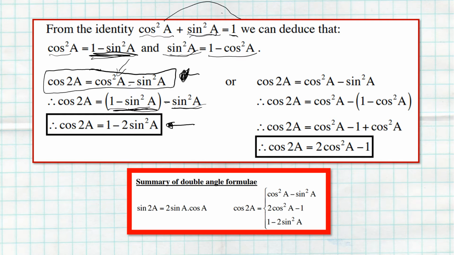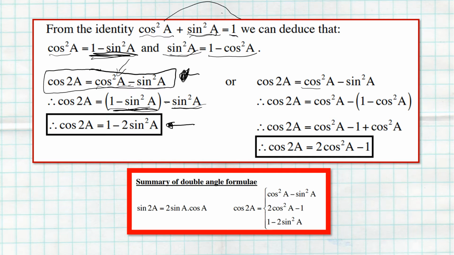Although they will give it to you in the formula sheet, I do encourage you to go and practice a lot of questions. You'll see that in most questions you'll not really need to first change it into cos squared a minus sine squared a, but you just need to change it to 1 minus 2 sine squared a, and it's just how it was derived, by changing cos squared a into 1 minus sine squared a.